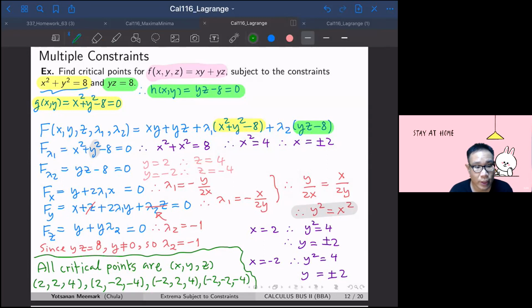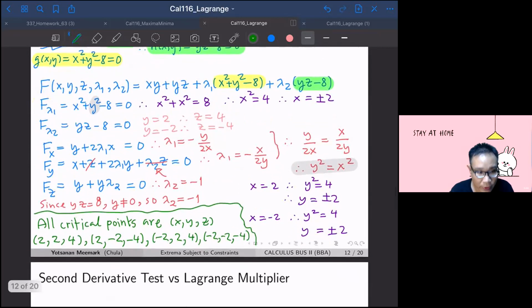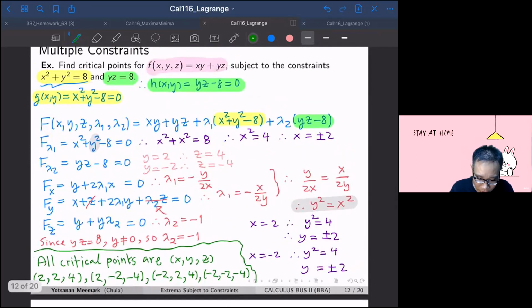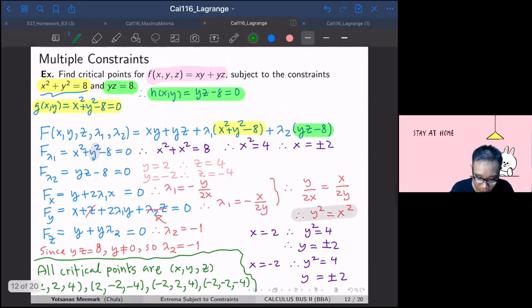So you have 4 critical points, and if you would like to know which one gives you the maximum or minimum, you have to compute the value of f at each critical point. I believe that f at (2, 2, 4) will give you the highest one, right? So it's 2 times 2, which is 4, plus 8 equal to 12.